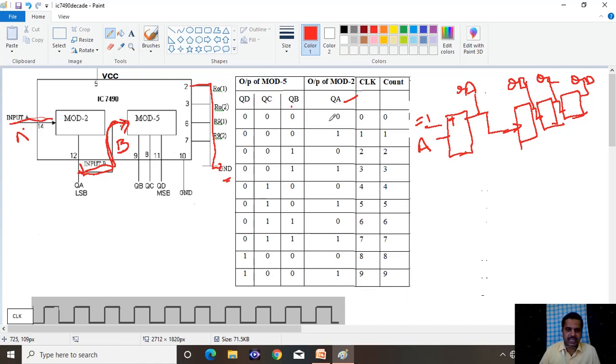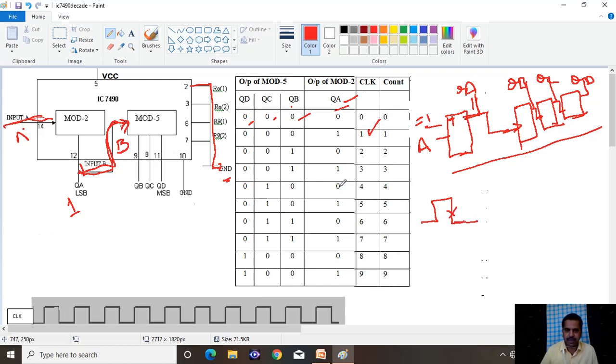Before the application of the clock pulse, all the flip flops are automatically reset to 0 as usual. That is 0, 0, 0, 0 here. When the first clock pulse is applied, QA is automatically set to 1. When it is set to 1, QB, QC, QD do not respond because this is a negative edge triggering flip flop, nothing but a falling edge.